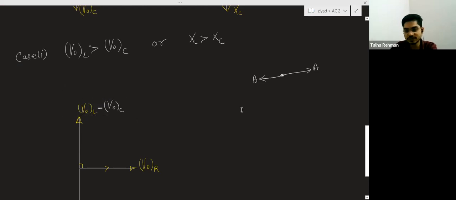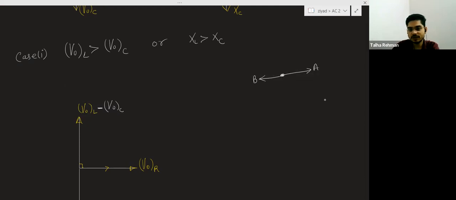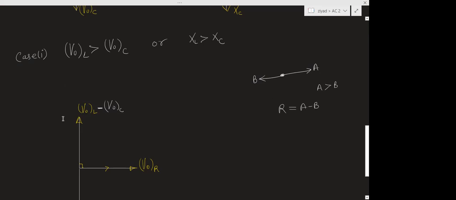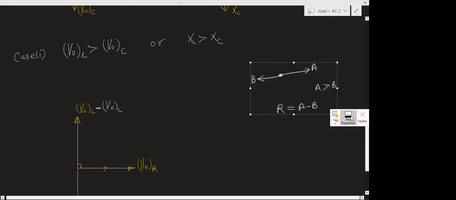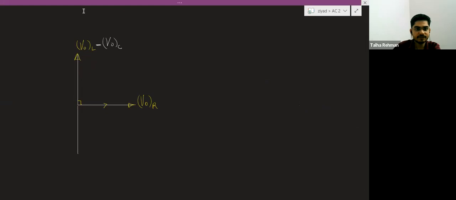So just see here, suppose two vectors are acting, first one in this direction, another in this direction. If I am saying A is greater than B, then the net vector addition or the resultant of the vectors you will write like A minus B. So this is the case here. So this will be the phasor diagram.